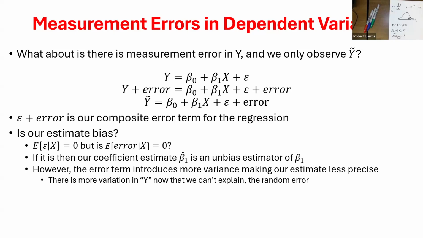Our composite error, that U I was writing: if the expected value of one component of it given the X values is 0, and the expected value of the other component is equal to 0, I won't have any issues. So if I have completely classical measurement error in my dependent variable, or it's completely random, I still have an unbiased estimator.